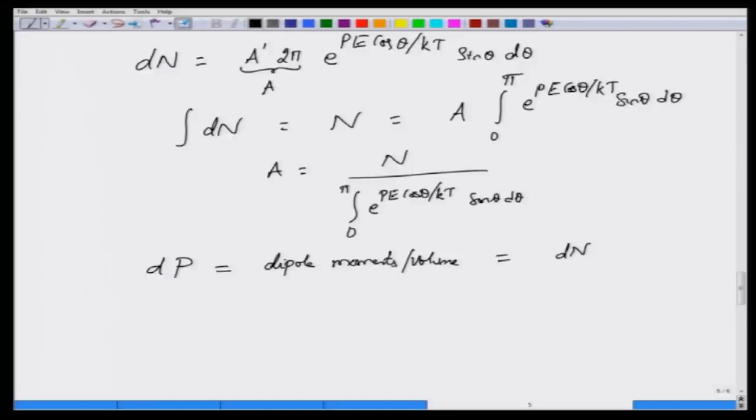What is the dipole moment? Dipole moment itself is p cos theta. Why p cos theta? Because this is the component of the dipole along the z axis for an angular distribution of theta. Okay. This is the dipole moment, and this left hand side, this dN is actually number of dipoles per unit volume, giving you this fellow which is number of dipole moments per unit volume.